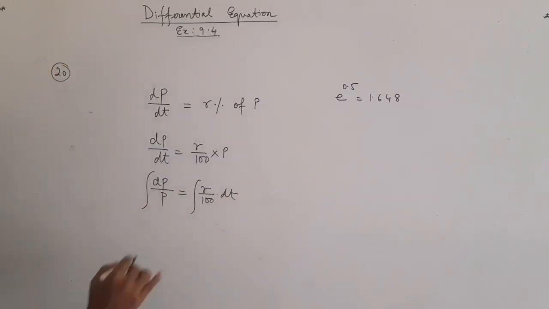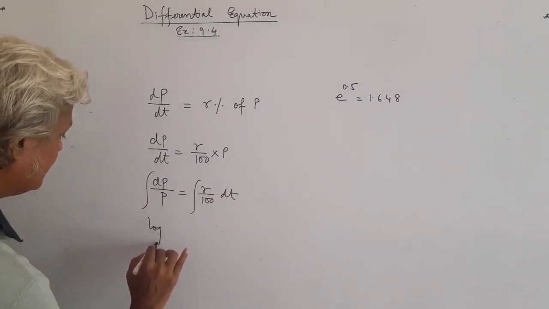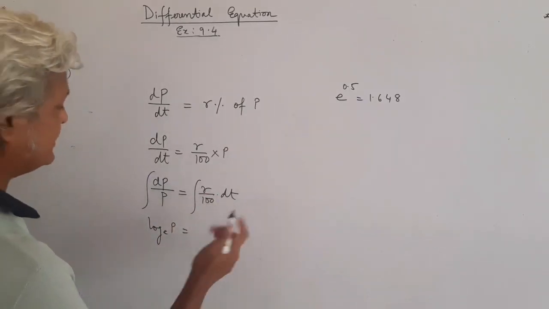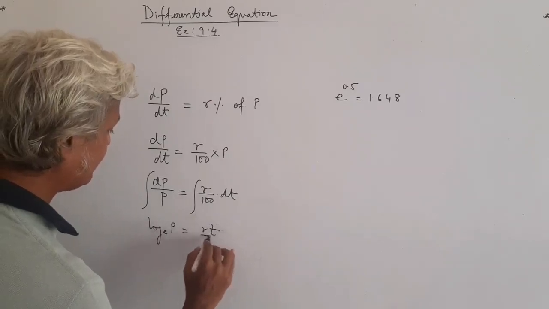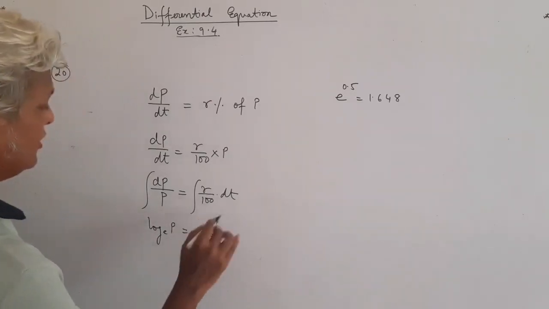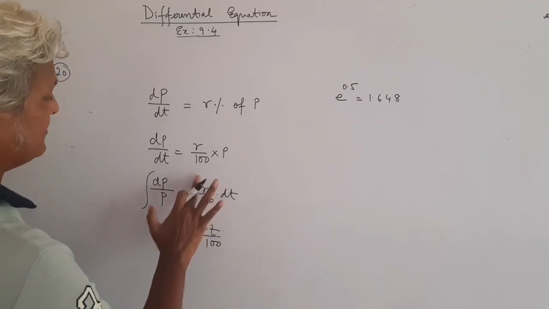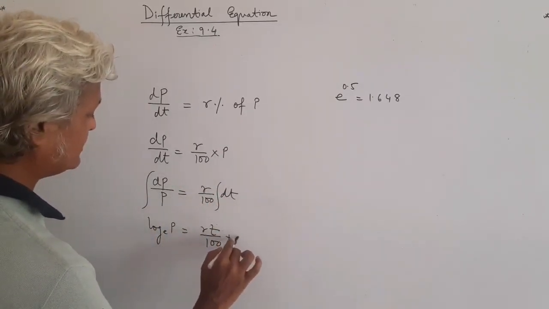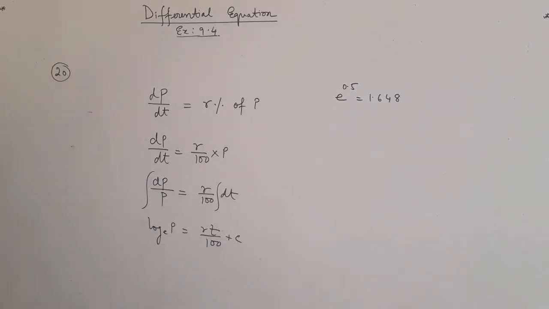Now integrate, then you find log to the base e of P is r by 100, which is a constant, so we just get rt by 100 because differentiation of 1 with respect to t is just t, so rt plus c, that is the constant of integration. Now they are saying that initially 1000 rupees was deposited in the bank. It means when time was 0, then the value of P was 1000 rupees.